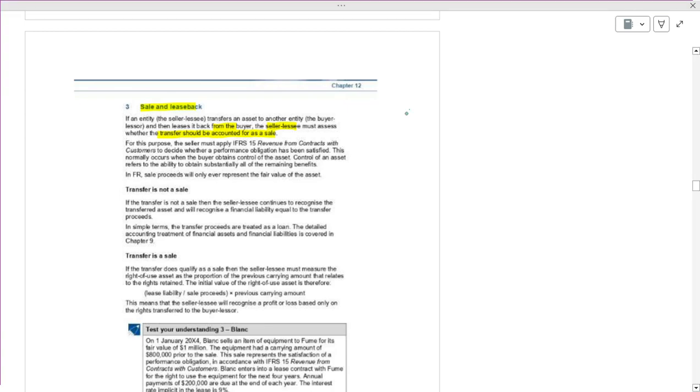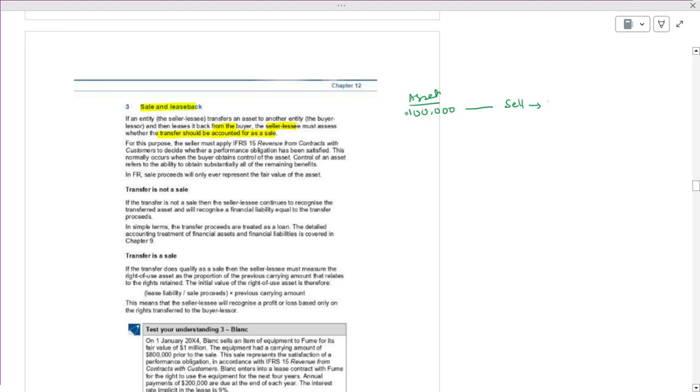Assume you have an asset worth 100,000. Now see, you don't want this asset. You need this asset only for 2 years. What will you do? You will sell this asset.